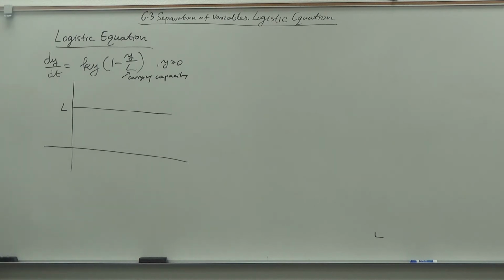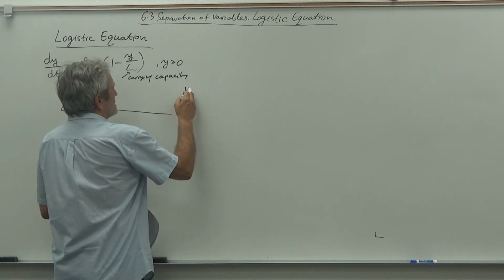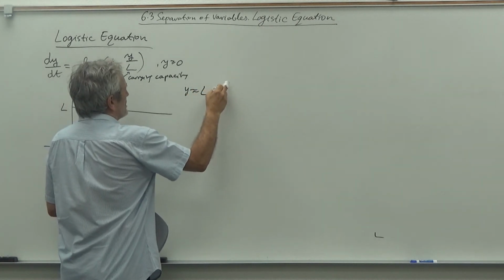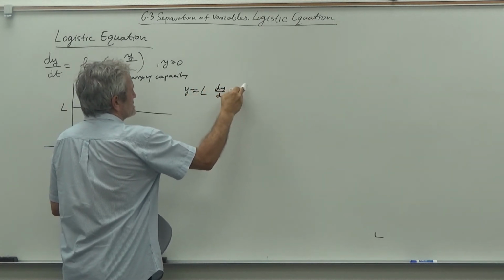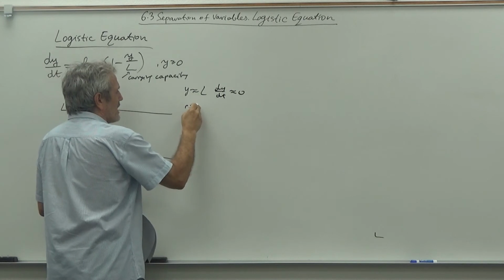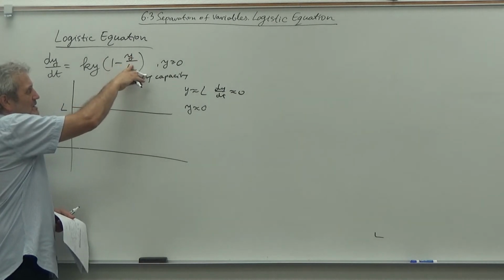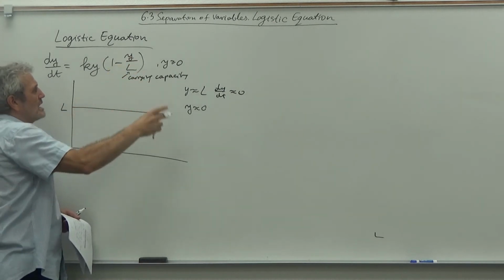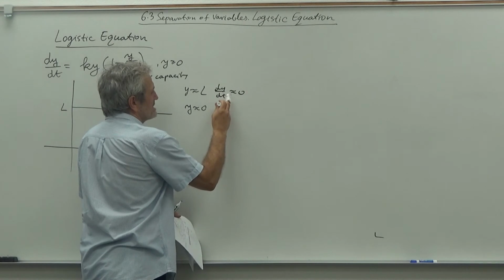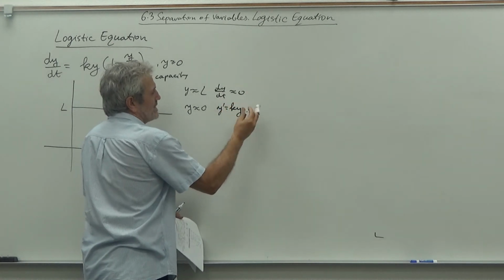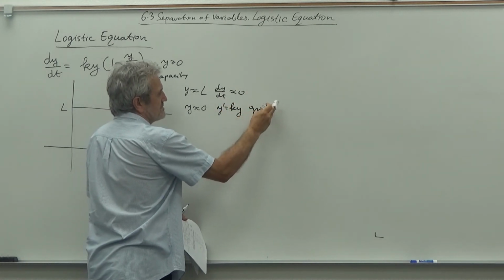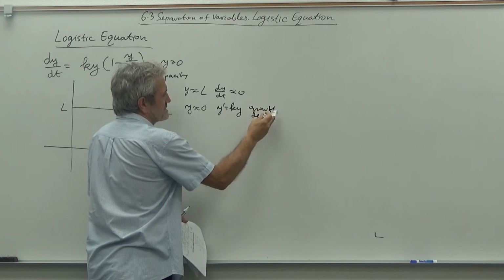So if y is close to L, dy over dt is close to 0. But if y is close to 0, a very small population, then 1 minus 0 is close to 1, and we have something like this. And this is just pure growth, or decay, depending on whether k is positive or negative.